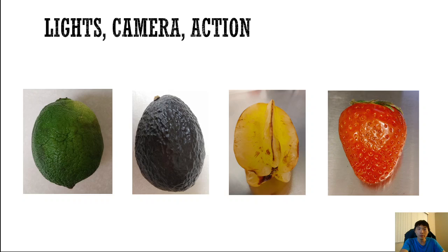So we'll have a look at them. Starfruit is looking a little bit shabby, and strawberry looks a little bit smushed. So perhaps the starfruit and the strawberry might have a skin condition. So we'll have a look using the other imaging modalities to see how they are doing.